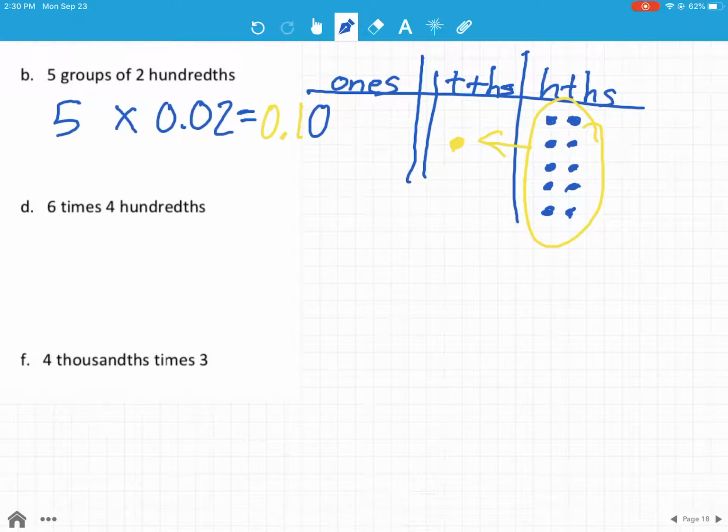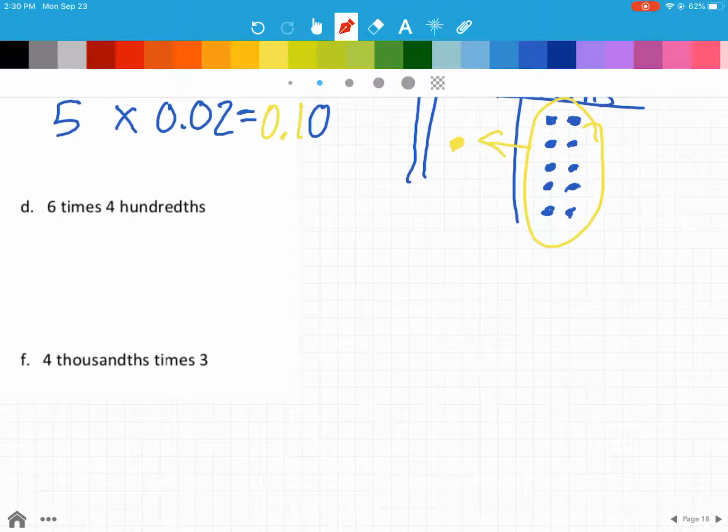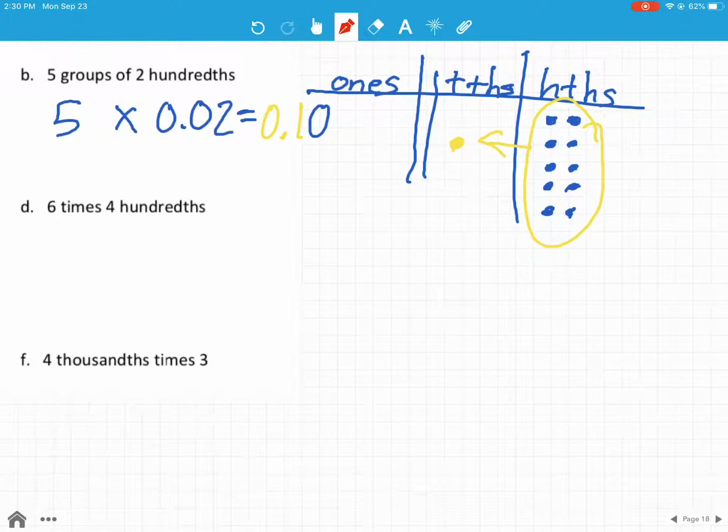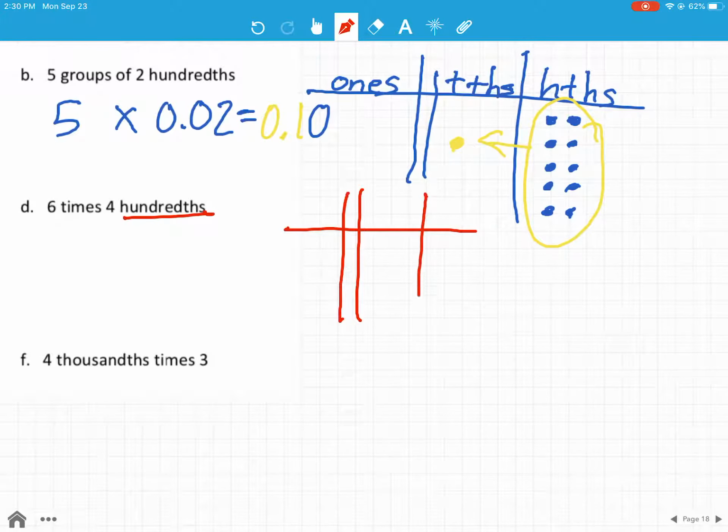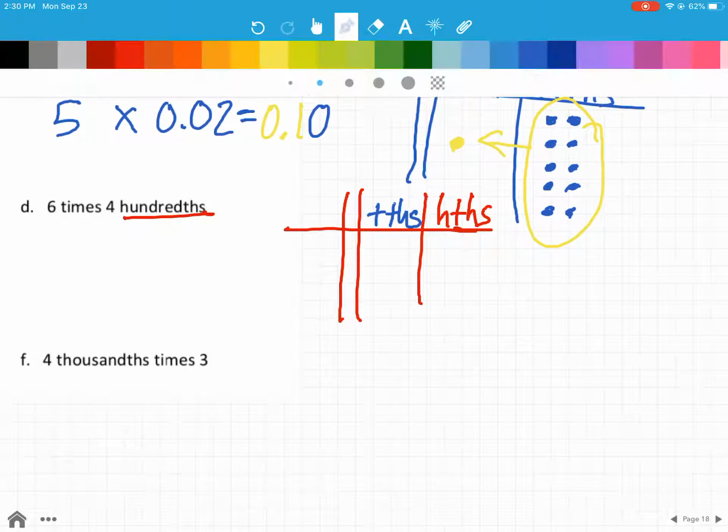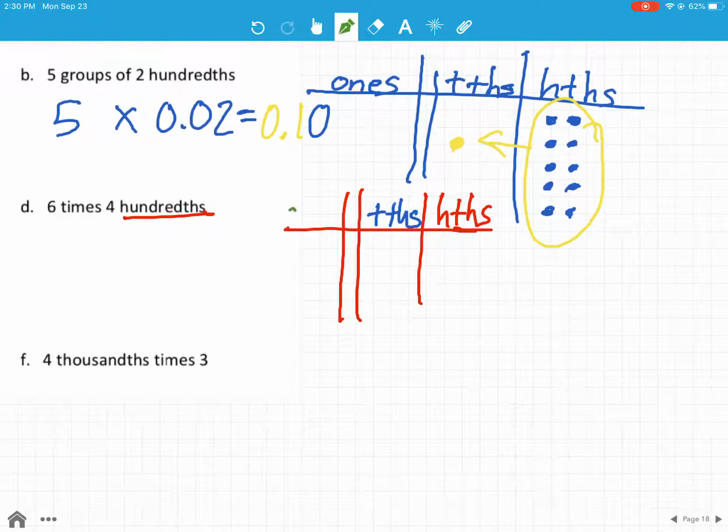Making it a little shorter so that you can see and I can fit everything in. All right, here again we have hundredths. We have tenths. And we have ones.